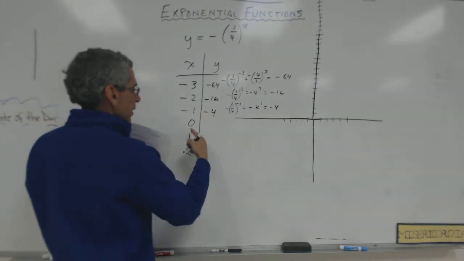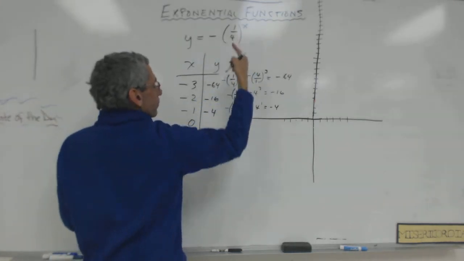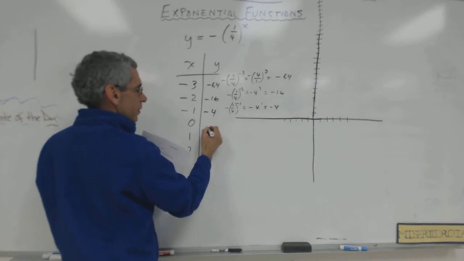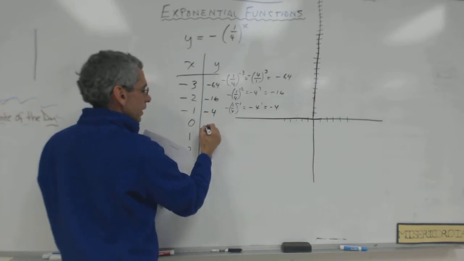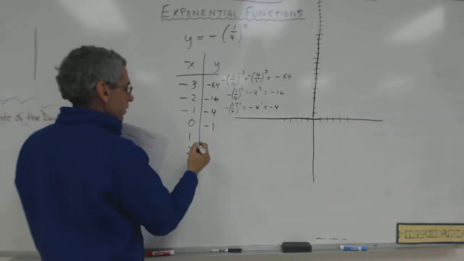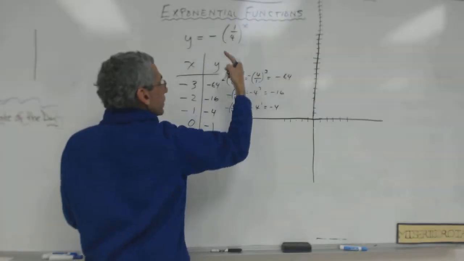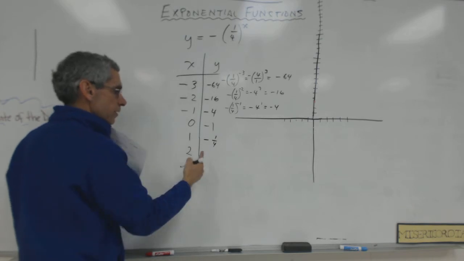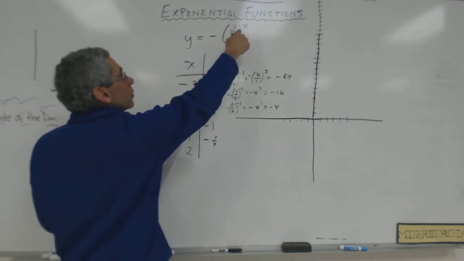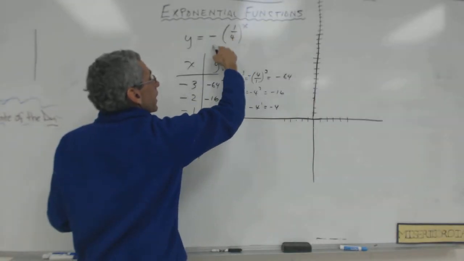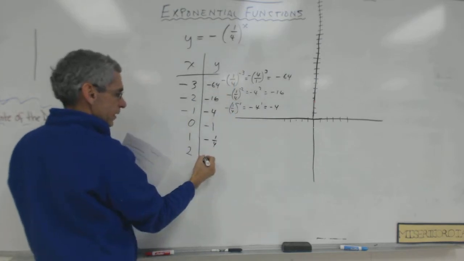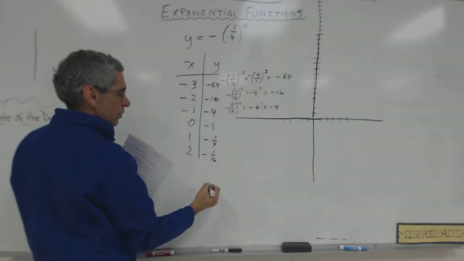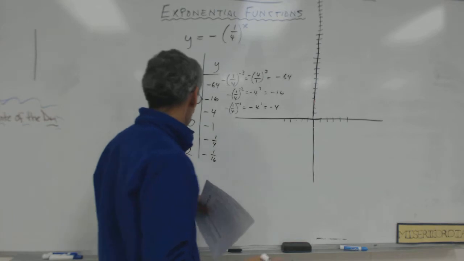That's interesting. Okay, 0. We have -1. It would be -1, exactly. And then 1, -1/4, right? That's interesting. 2 squared would be -1/16. You with me? All right, so now let's try to graph this thing.